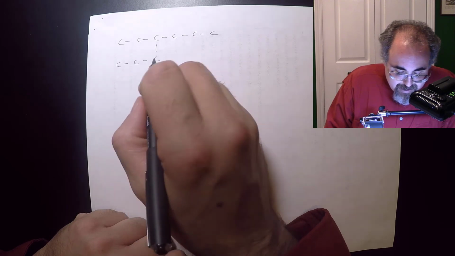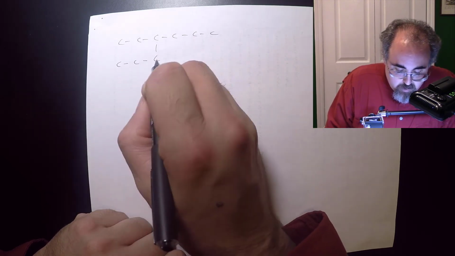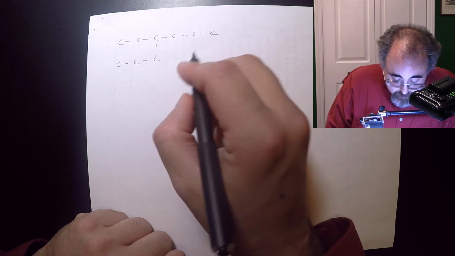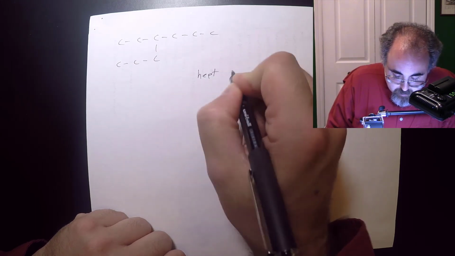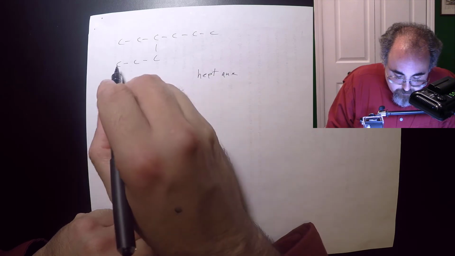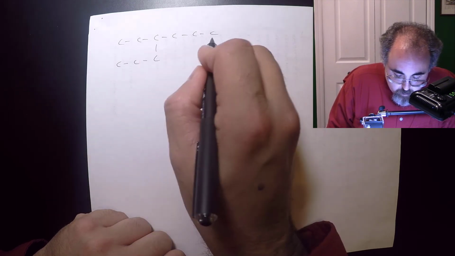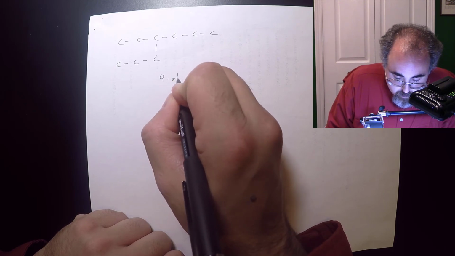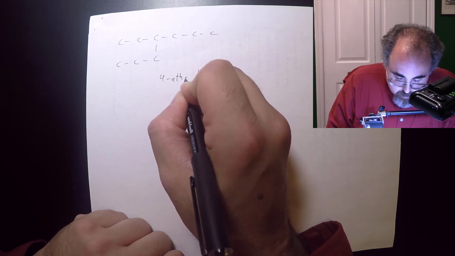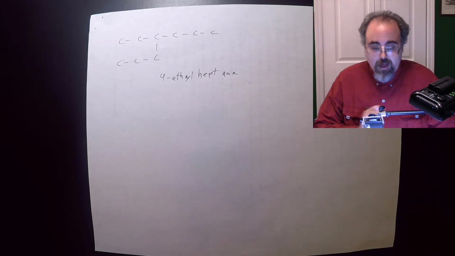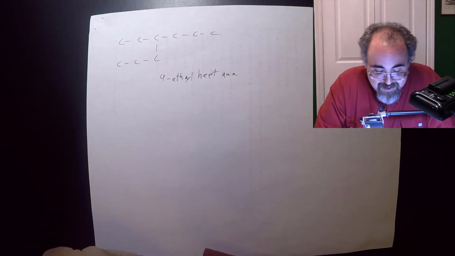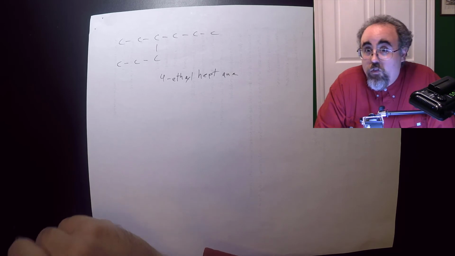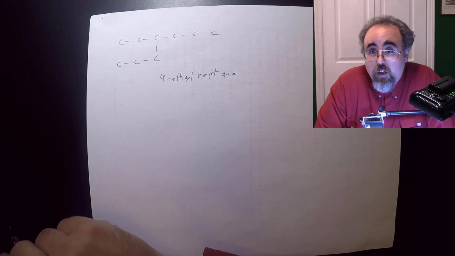So this guy is going to be 1, 2, 3, 4, 5, 6, 7. So it's going to be hept, and this will have a 1, 2, 3, 4. Hey, it's in the middle. 4-ethylheptane. This is not a 3-propylhexane, so do beware of the location on these guys.